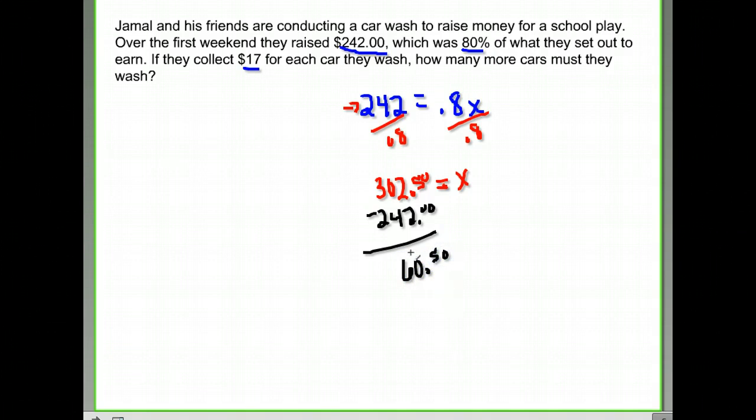So they're doing this car wash and they're charging $17 a car. How many more cars do they need to wash to get this $60.50? Well, they get $17 per car, so $17 times each car ends up being $60.50. Let's solve that for the car.